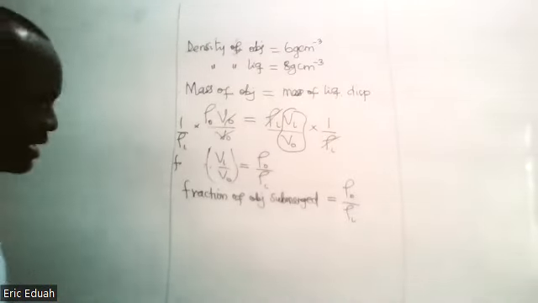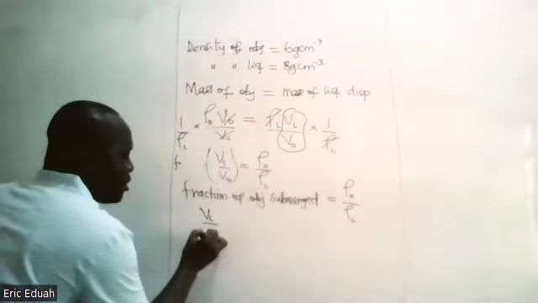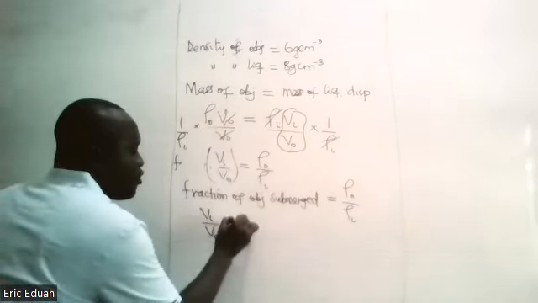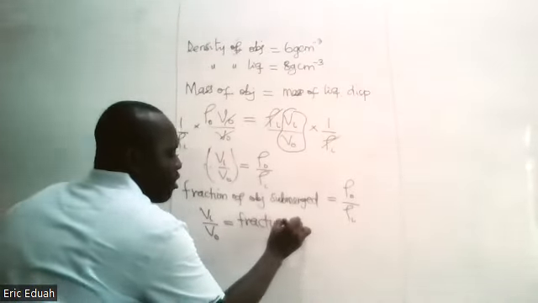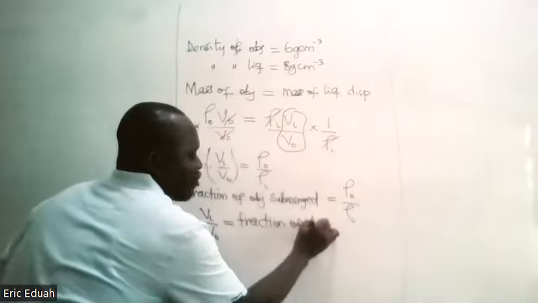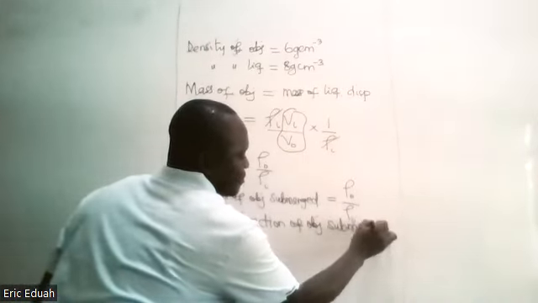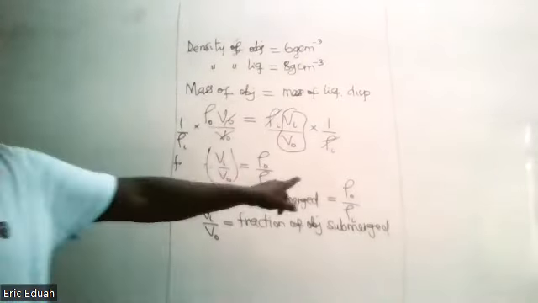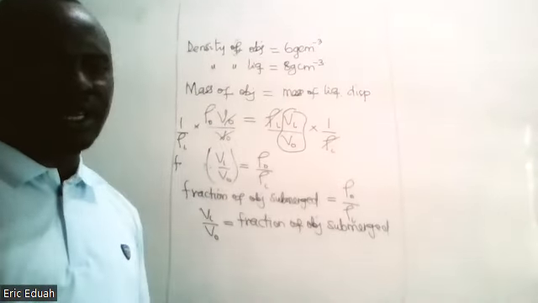So what I'm saying is that the ratio of volume of liquid displaced over volume of object is equal to the fraction of the object submerged, and this is also equal to the density of the object divided by the density of the liquid.